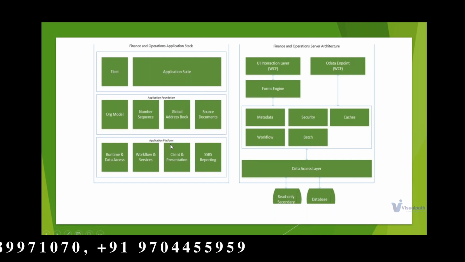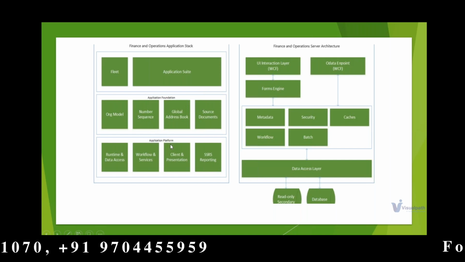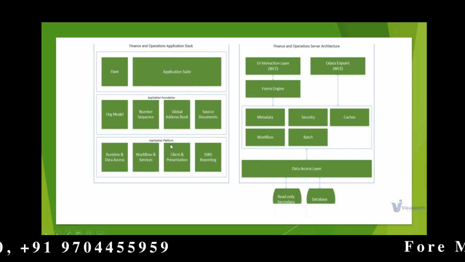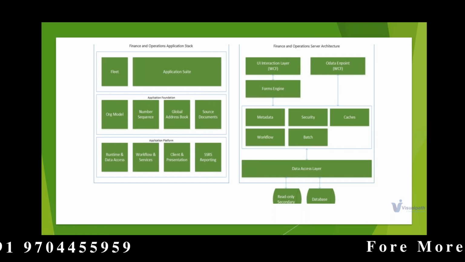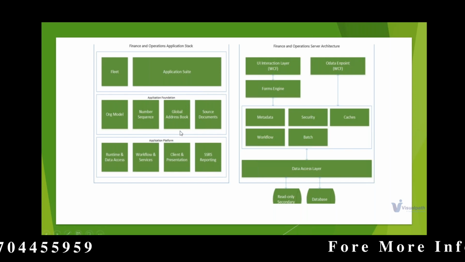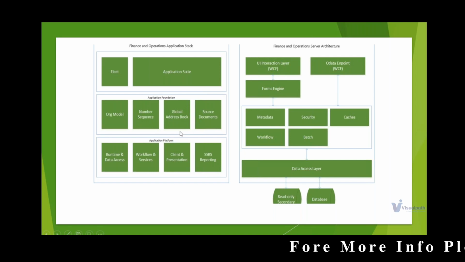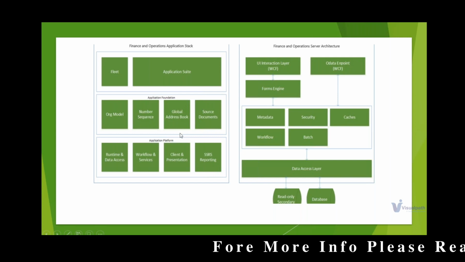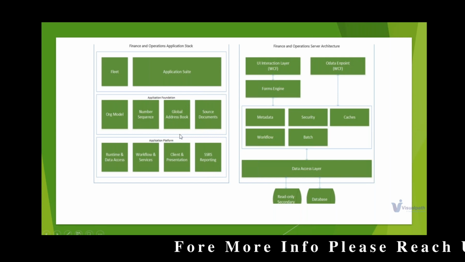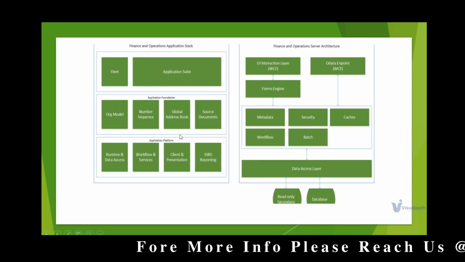We have a lot of models for expense management. We have different models, so we can refer to those models by giving the reference, and we can customize the standard objects, and we can create our own new model, and we can create our own new objects as well based on our requirement.